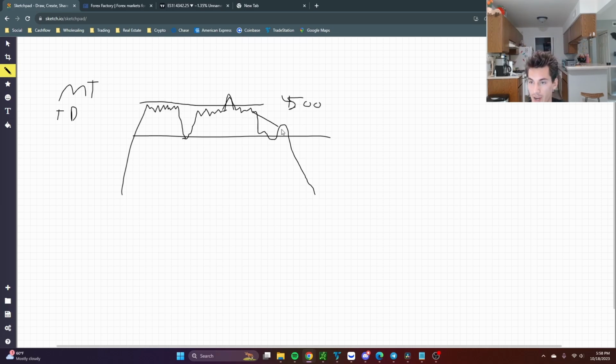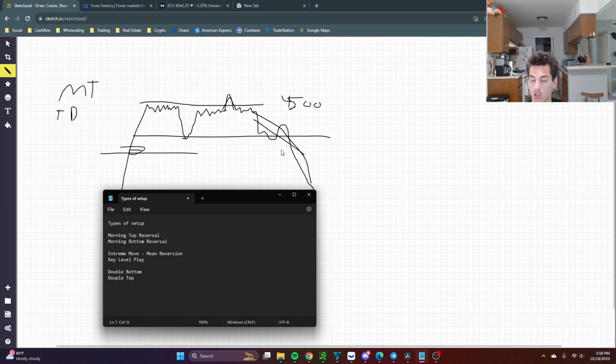So reverting back to the mean, maybe this little 50% area to retrace of the move. So all these setups are all just interchangeable in each other, right?